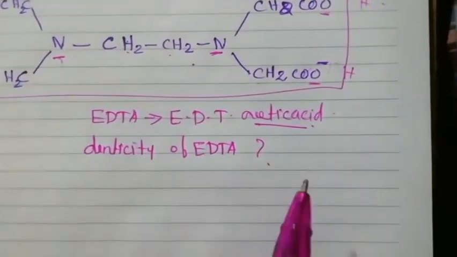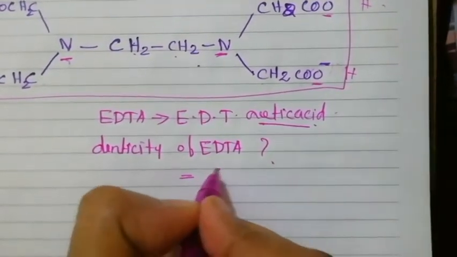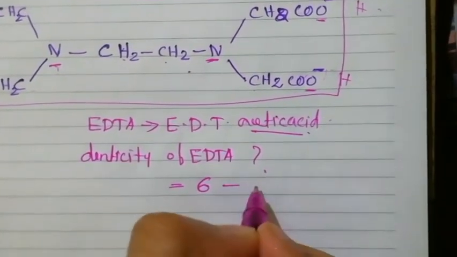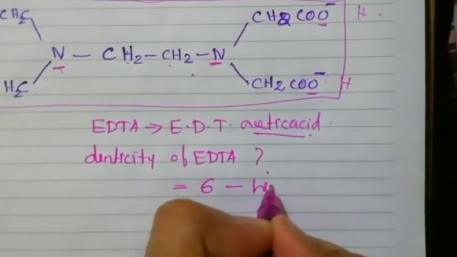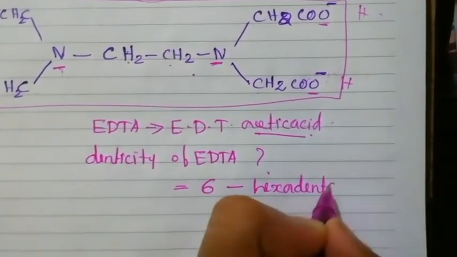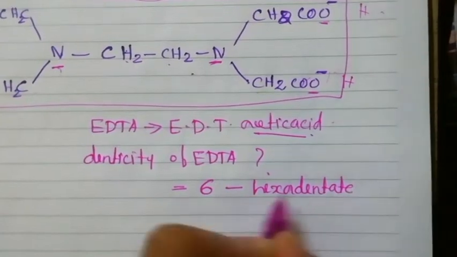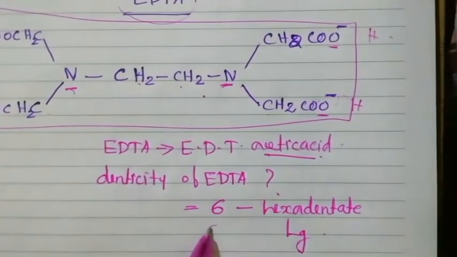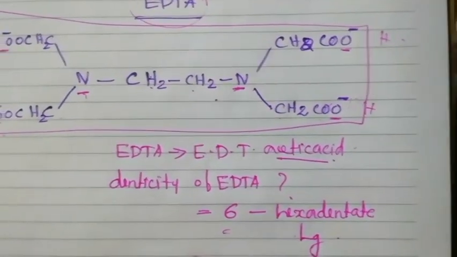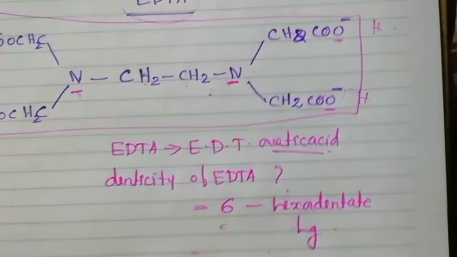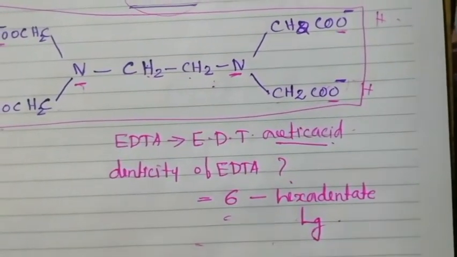So in total, it consists of 6 donor sites. Therefore, we can name this a hexadentate ligand. It is generally a polydentate ligand, but specifically a hexadentate ligand.